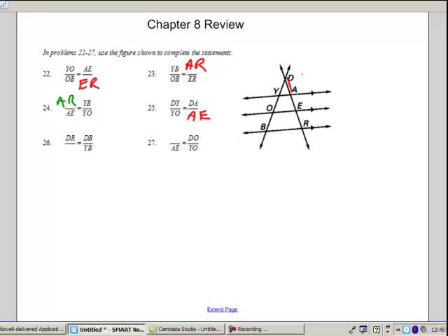DR, the big triangle, compared to what is the same as DB compared to YB. Well, clearly the answer must be AR. And something to AE is the same as DO to YO, and here the answer must be DE.